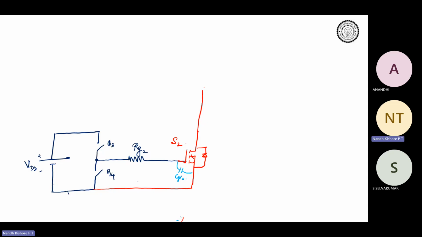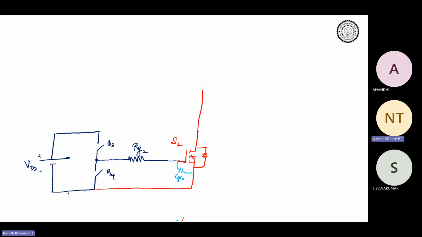From this arrangement, can you just tell? I want to turn on S2. What should I do to turn on S2? Which device needs to be turned on, Q3 or Q4? Q4, the lower one. If I turn on Q4, then what will happen?